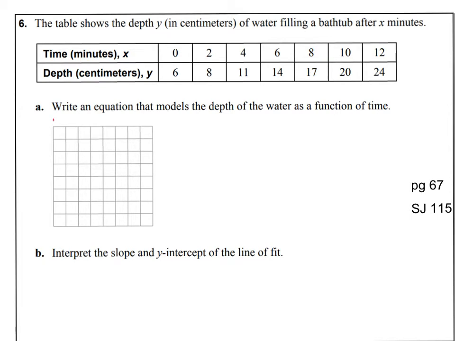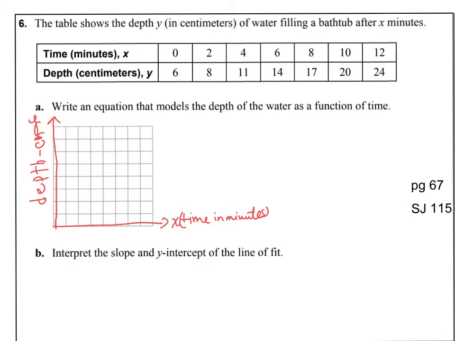We will say that my x, it tells me, is the time in minutes. And my y is the depth. And that's measured in centimeters. And let's just plot those points.